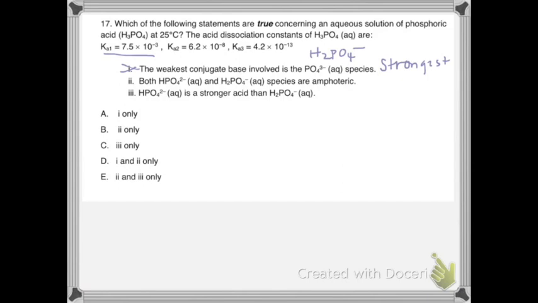Okay. The second statement says that both the HPO4 2 minus and H2PO4 minus are amphoteric. So let's remember what amphoteric means. It just means that you can act as an acid or as a base.